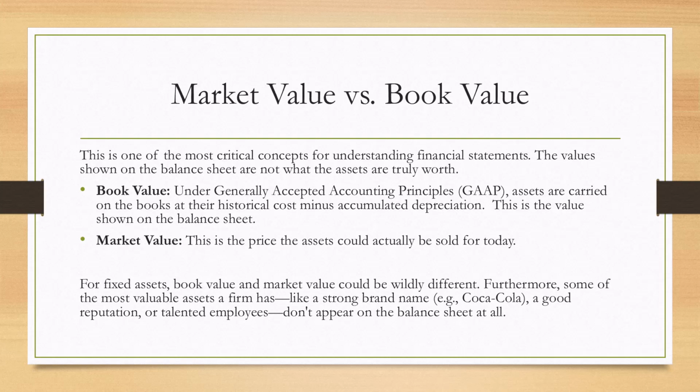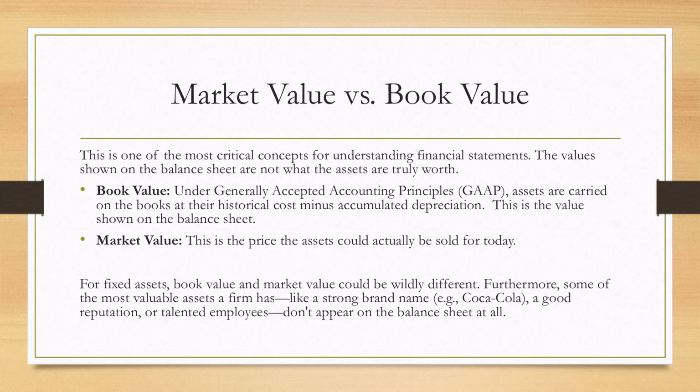This next concept is one of the most critical for understanding what a balance sheet truly represents. The values that are shown on the balance sheet are not necessarily what the company's assets are actually worth in the real world. The balance sheet reports the book value of assets. Under generally accepted accounting principles or GAAP, assets are carried on the books at their historical cost minus any accumulated depreciation. This is the value you see on the statement.